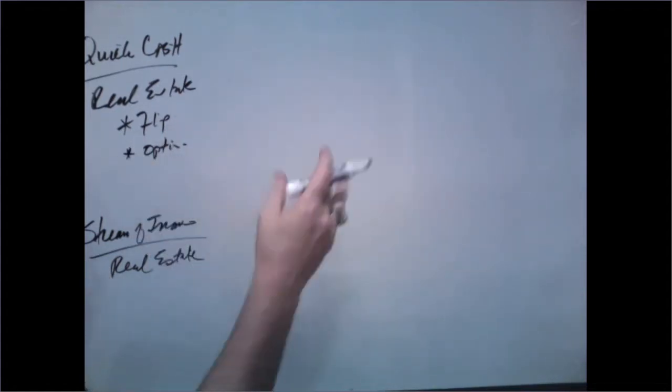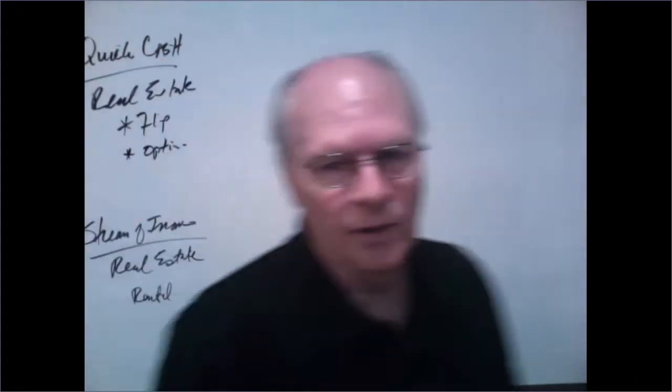So you should be writing this down and drawing and doodling this with me as I do it. So if you want to make quick cash, we need to flip some properties. Buy it, fix it up, and turn around and sell it. Or just buy it, control it, and sell it. Okay, we want to use an option or something else to be able to buy it, control it, and turn around and sell it. If we have a long-term rental, then that produces a stream of income.